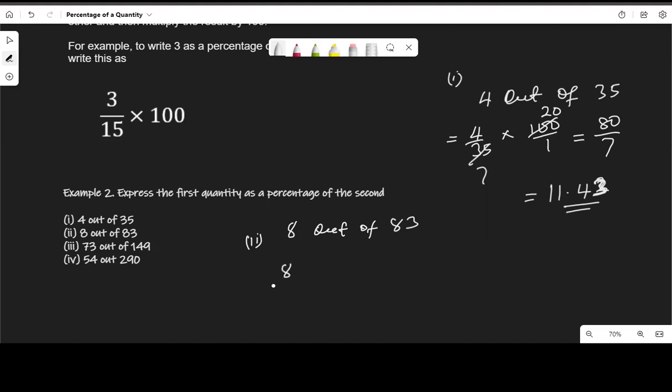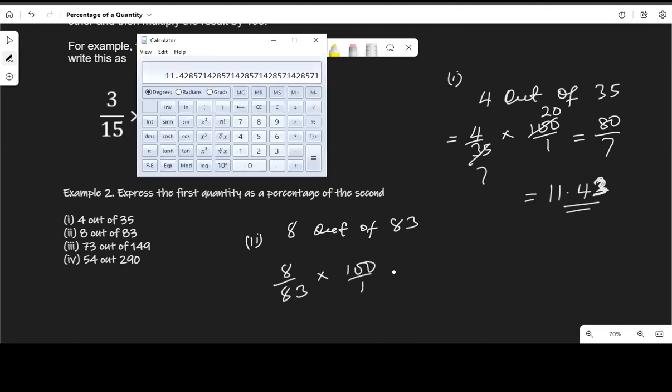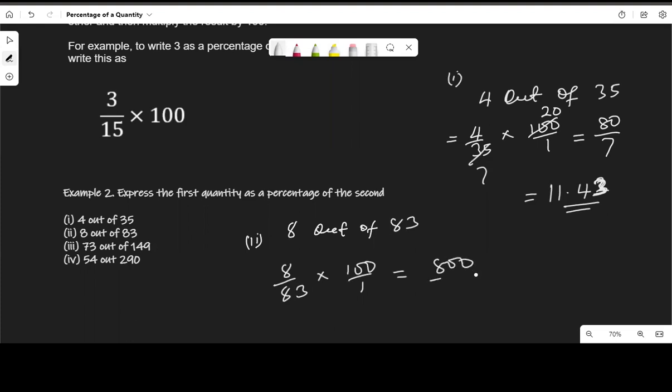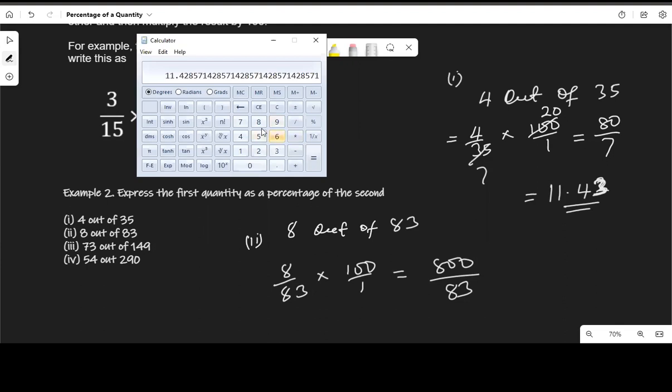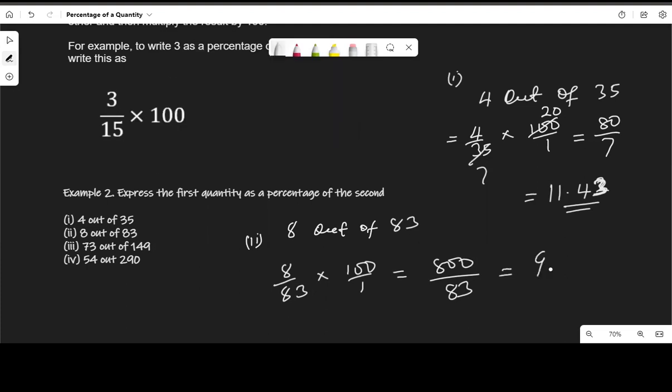That will be 8 over 83 multiplied by 100 over 1. To save our time, 8 times 100 is 800. And 800 divided by 83 is 9.64 approximately.